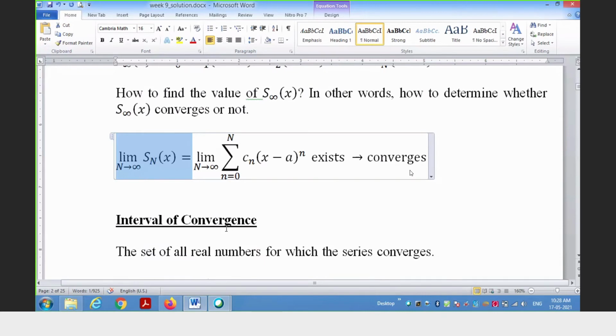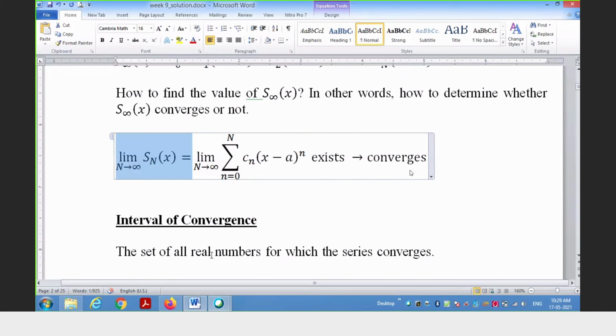For the interval of convergence, we need to find it in order to determine all the real numbers that make this series converge. That is the use of the interval of convergence.